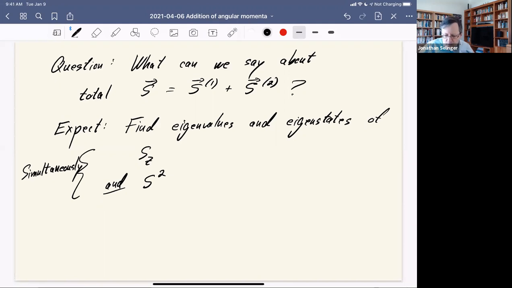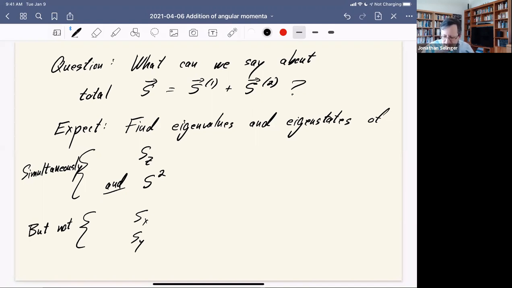So we think we should be able to find the eigenvalues and eigenstates of the combined SZ and the combined S squared simultaneously, but not the combined SX and the combined SY. Those should be incompatible with SZ.